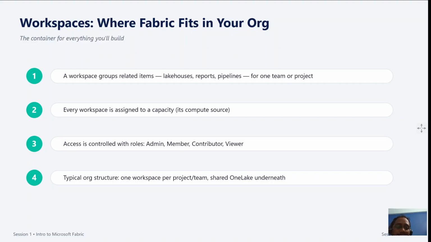Member is the next level of user access, can edit and add most of the content and manage some settings as well. Contributor can create and edit the content but not manage the workspace level settings. Viewer is read only, to read the reports and data.